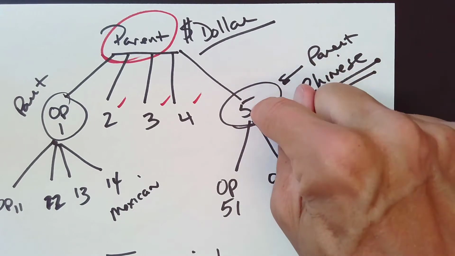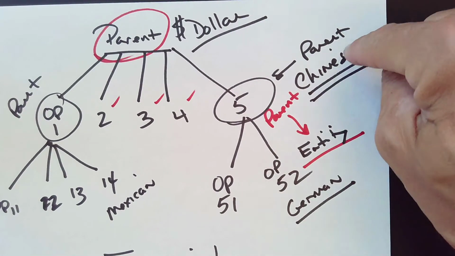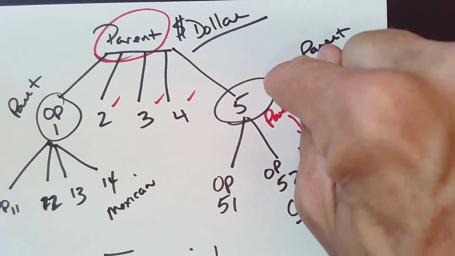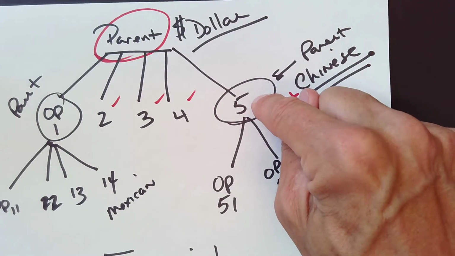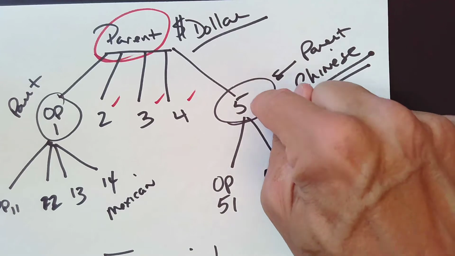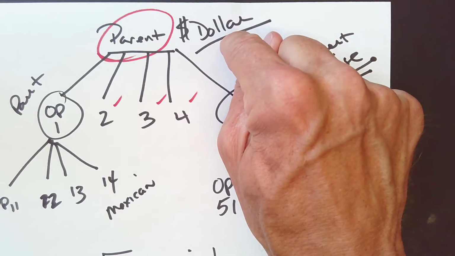When we get up to here, it's going to be different, right? We're going to look at this entity and say, okay, is it the foreign entity's currency, the Chinese yuan, or is it the parent's currency, the US dollar?